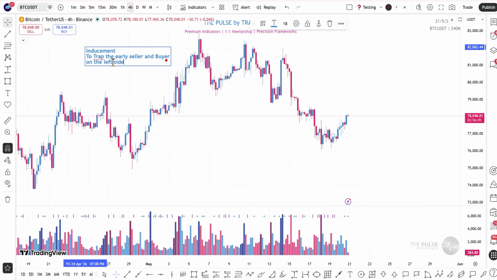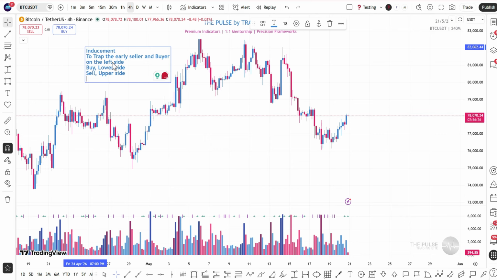For the buy side, it will be on the lower side, and for sell, it will be on the upper side. We will draw it on the chart.